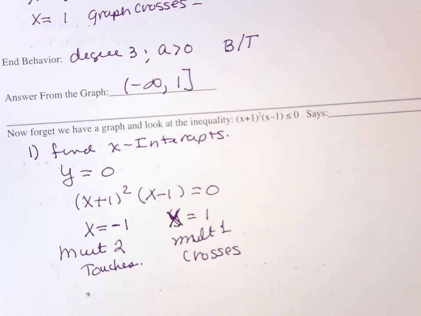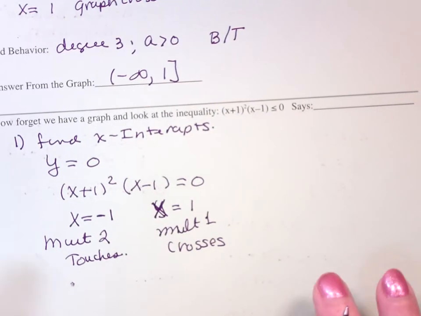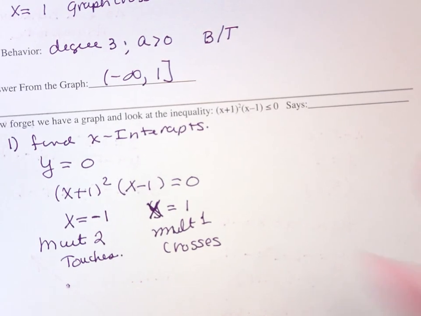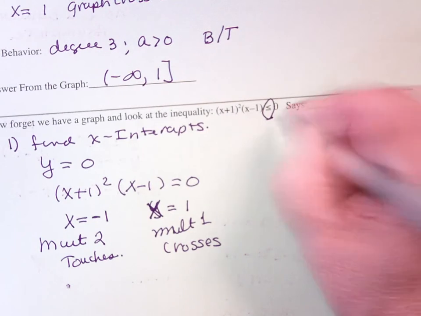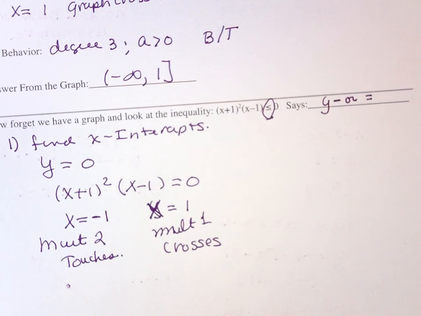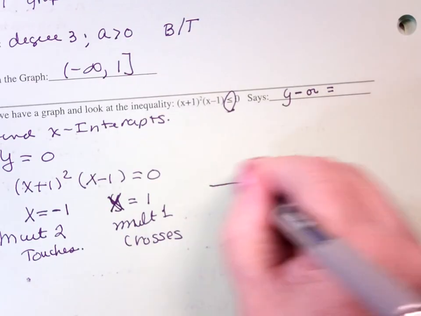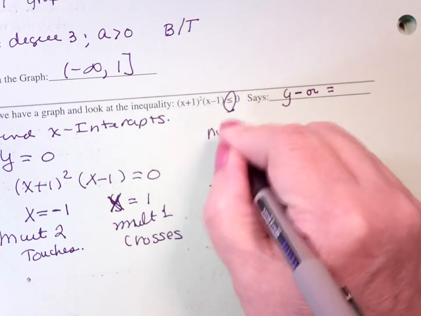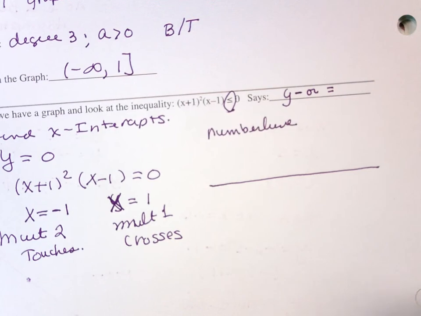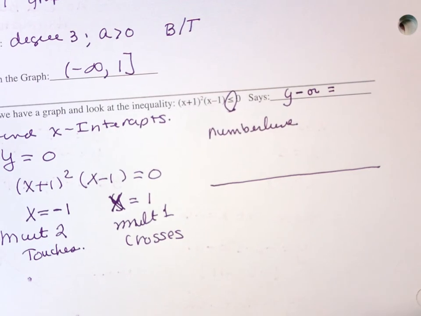I need to know what they want me to find. By the way, in calculus, we're looking for both positive and negative, because positives and negatives will have specific meaning to us. But here it says I want y negative or equal to 0. Now instead of drawing a T-bar chart, I'll just draw a number line. On the number line I put the x-intercepts.